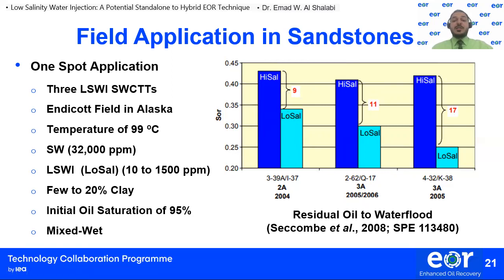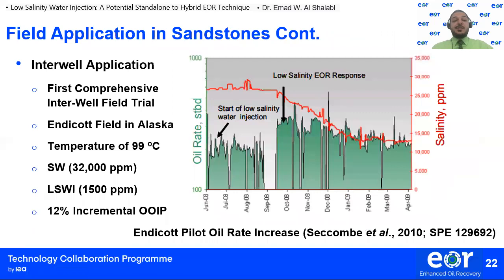So that was a great incentive for them to go ahead and implement the first interwell application, where they used one injector and one producer that were about 1,000 feet apart.